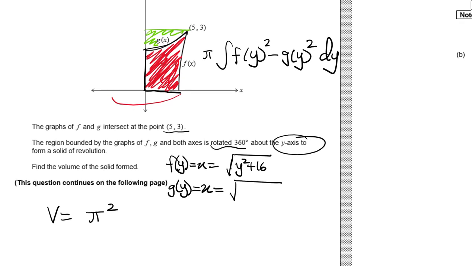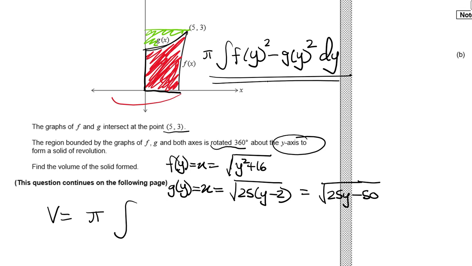So y minus 2 times 25, and I can expand that maybe. 25y minus 50, and that's good. Now all we have to do is, sorry, pi, and we're essentially talking about r squared, and r is our graphs. That's why our integral kind of looks familiar to our area formula.